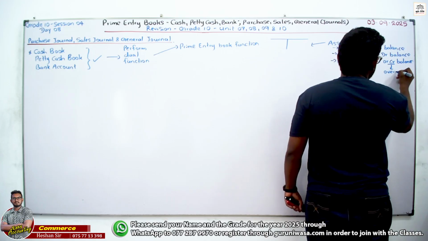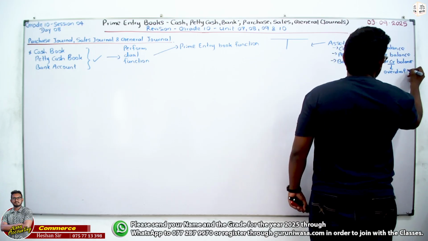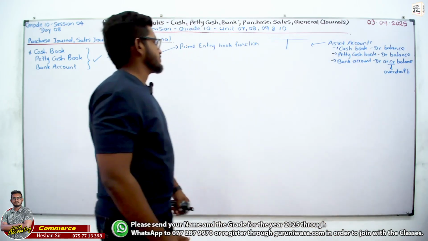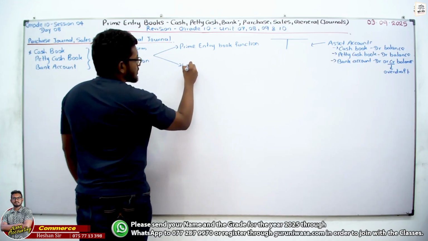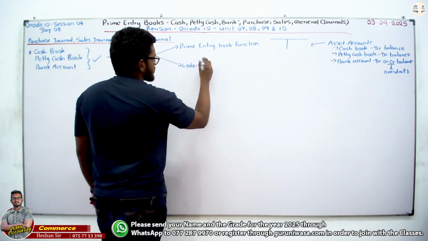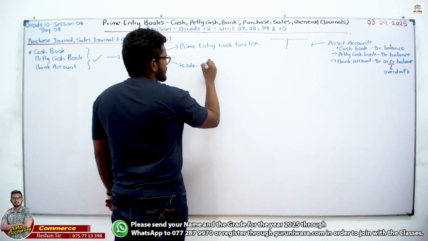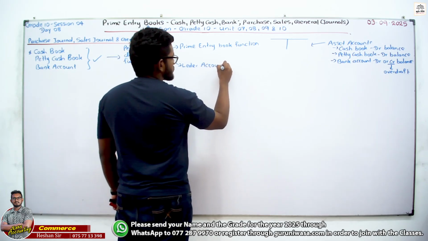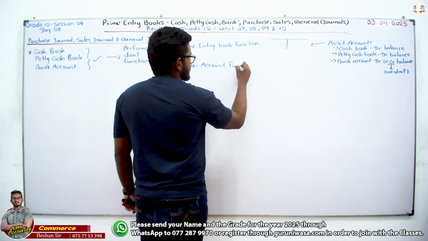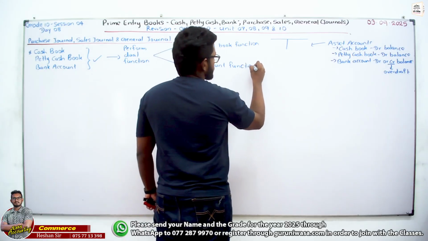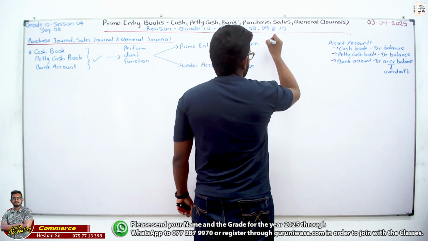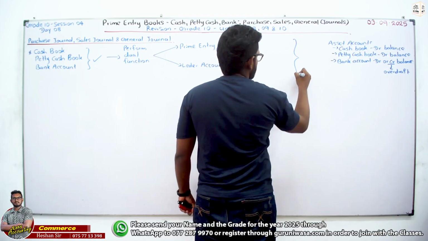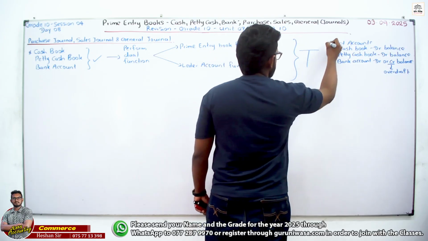And also it performs ledger account function. So the prime entry book function and ledger account function, these are the three accounts.